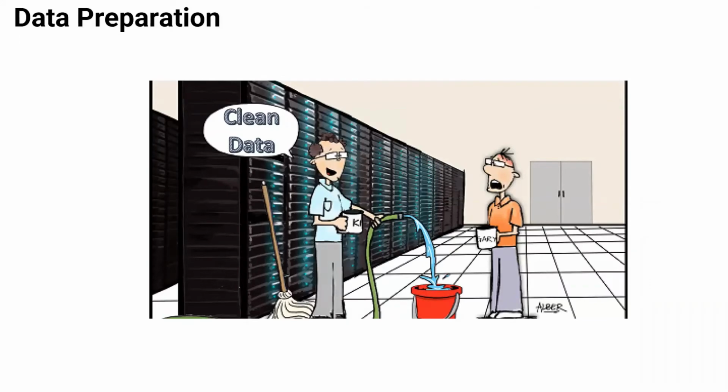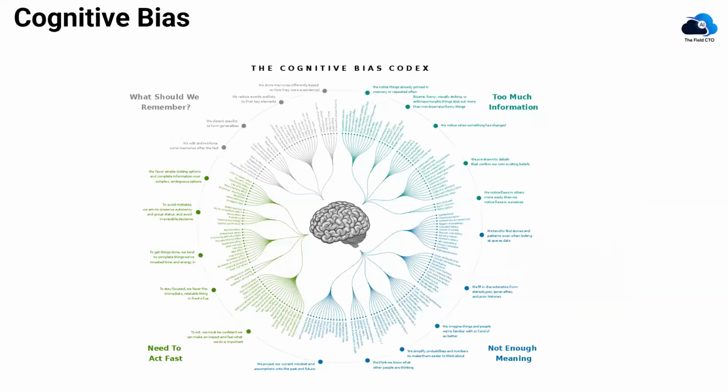On the next area where I see a lot of issues is what I call data bias, or cognitive bias based on data. So we as humans, in the past few years, have started to deal with this item, avoiding the bias.